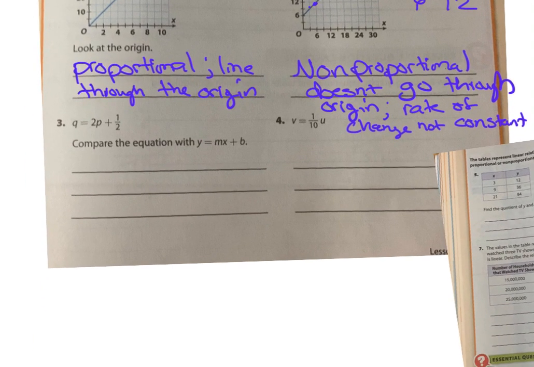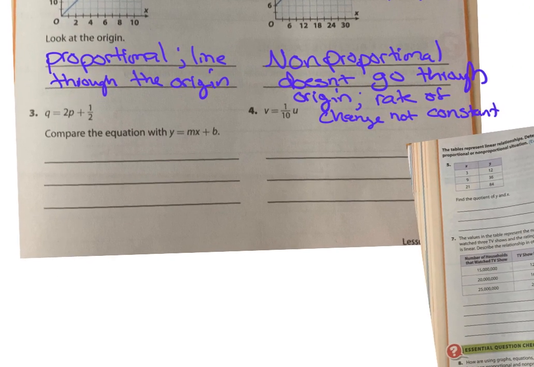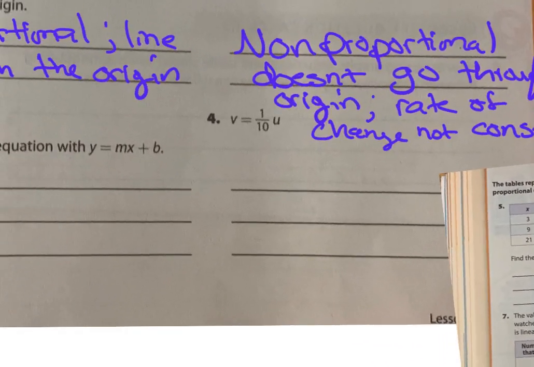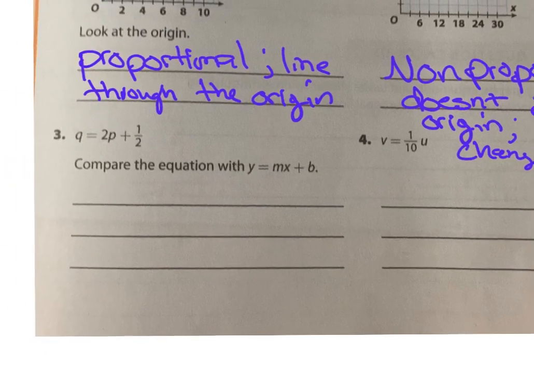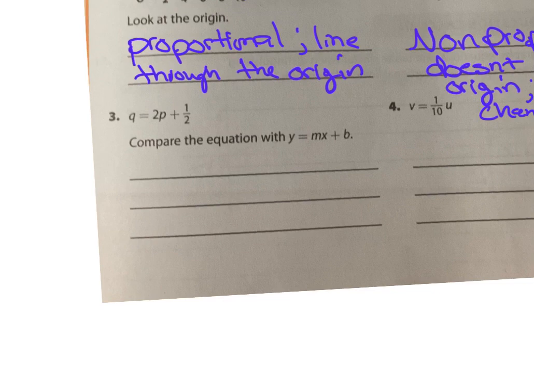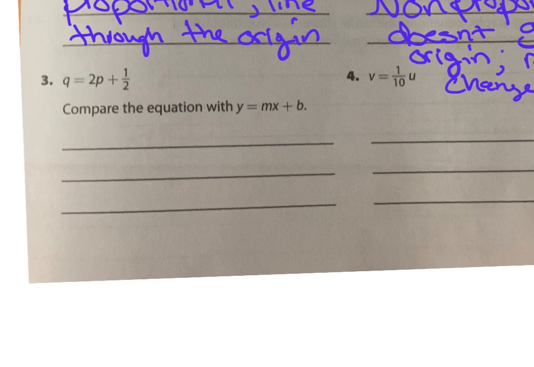Okay, the next one says Q equals 2P plus 1/2. Why can I not move this? Guess they're hooked together now. Okay, so that would be non-proportional, and because we had an intercept, right? It doesn't go through the origin.